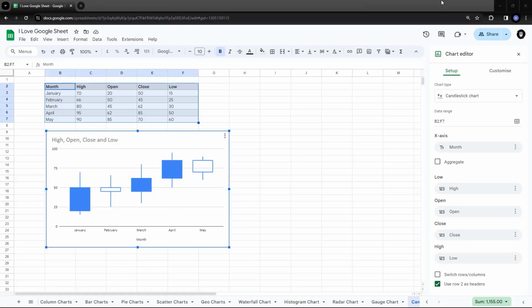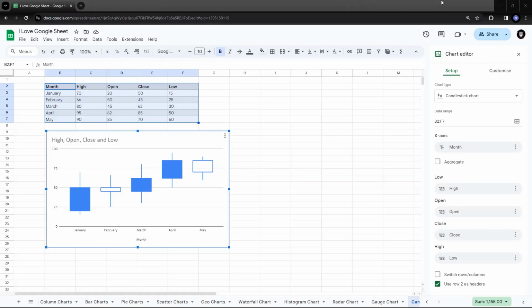Not only for stocks, but this kind of chart is used in data science to understand what is within the range, what is outside the range, what are outliers, and what is the minimum and maximum value of a particular chart.